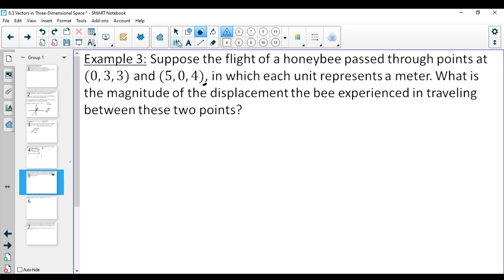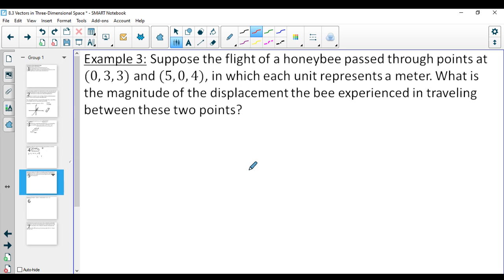So again, kind of a similar start problem to that lady on the stretcher. Like, why are we working with a honeybee? But a three-dimensional vector can be used for anything, right? You could pretend that this is the International Space Station flying in orbit if you would like. That seems a lot more realistic to me than determining the flight of a honeybee.